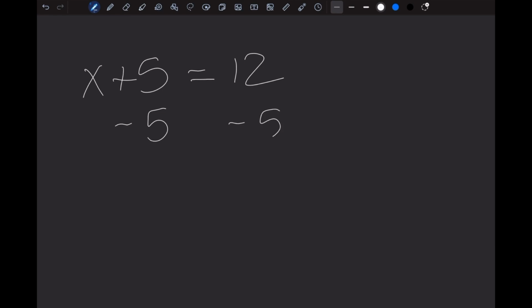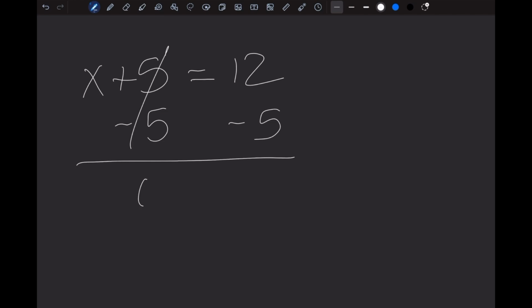So when we do that, we can look at an equation, say like x plus 5 is equal to 12. So what we need to do here first is isolate the variable. So we isolate the 5, sorry, from x.